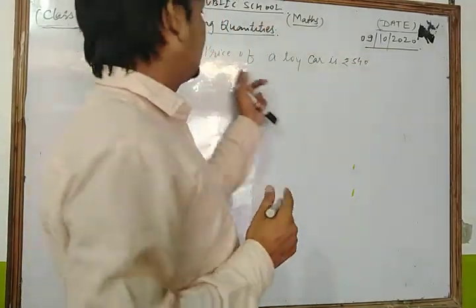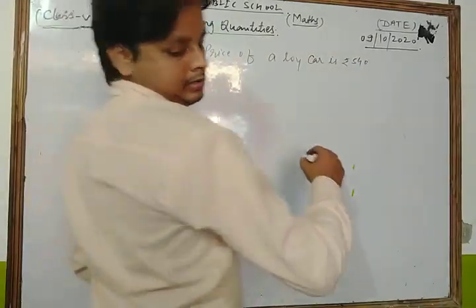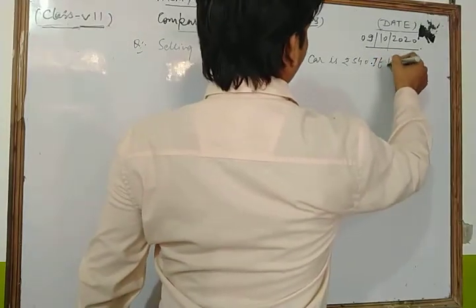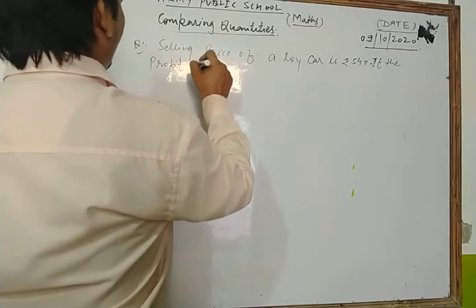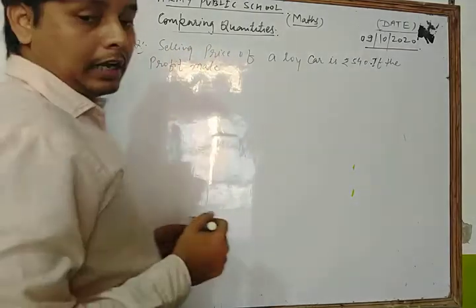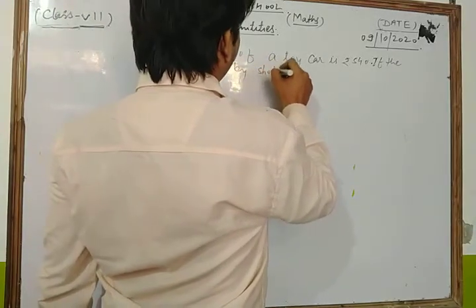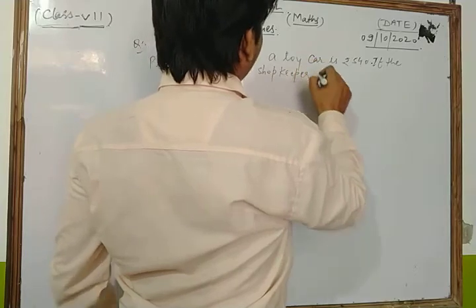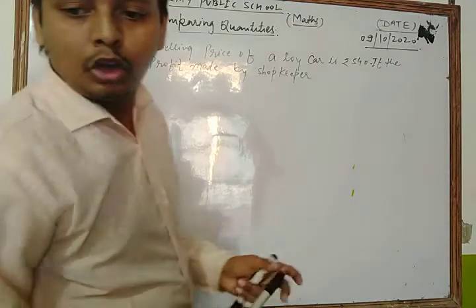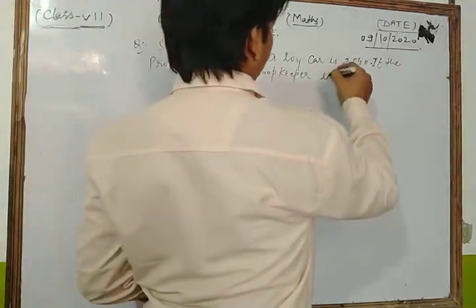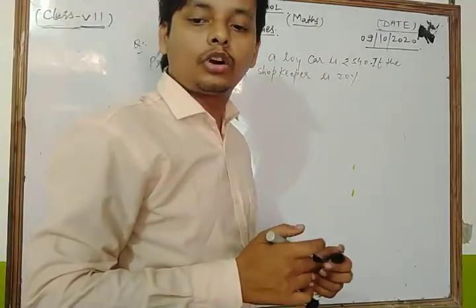If the profit made by the shopkeeper is 20%, what is the cost price of this toy?